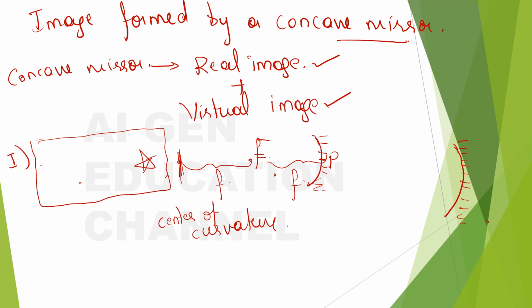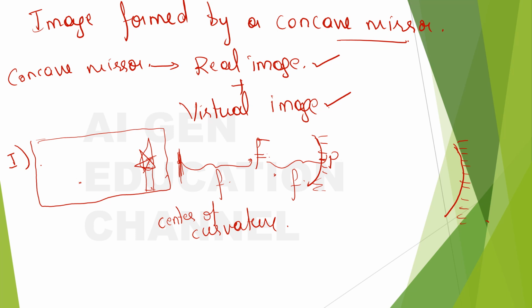Star, it's like a glowing star, okay? Or it's better that we put a candle, okay? As it has light to itself, okay? So now we will take a candle here and we will put it away from the center of curvature but a bit near, okay?